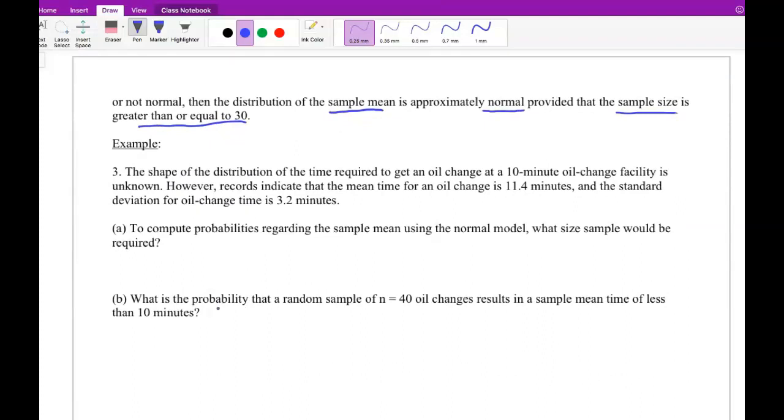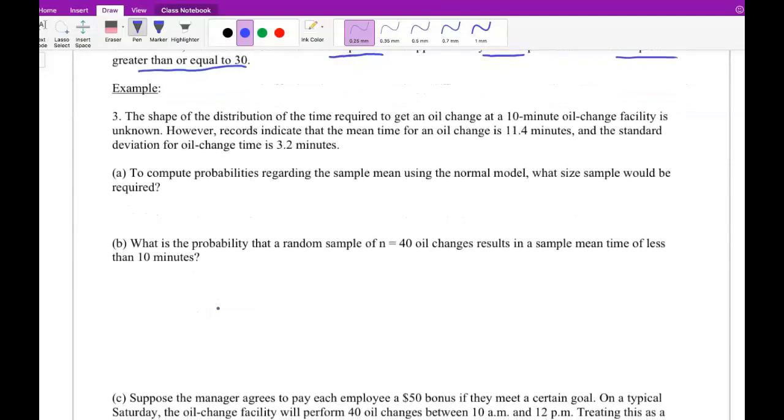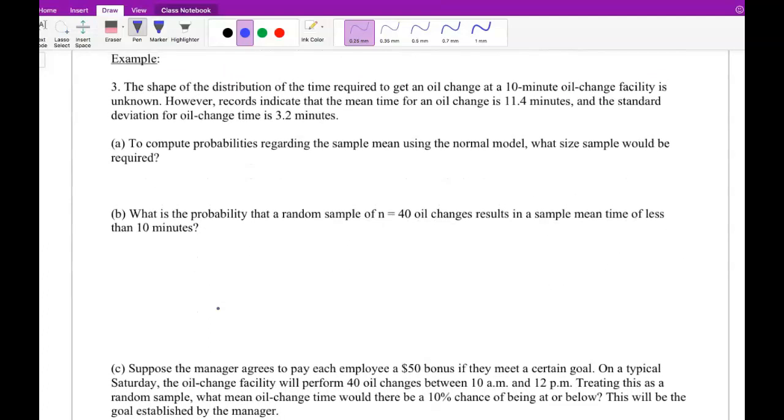And the next example: the shape of the distribution of the time required to get an oil change at the 10-minute oil change facility is unknown.